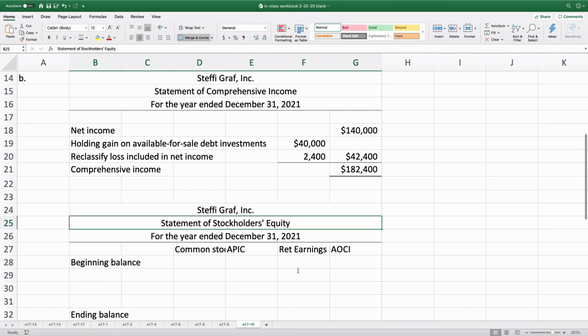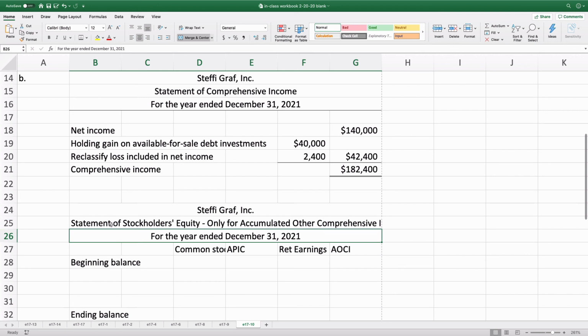And this is going to be a partial statement of stockholders' equity for accumulated other comprehensive, so many big words, income.